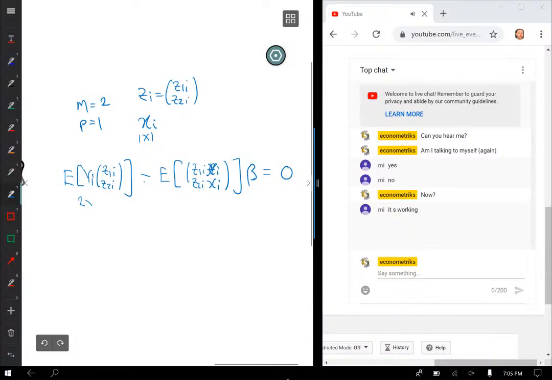This is 2 by 1, this is 2 by 1, and beta is the one coefficient you want to solve for.